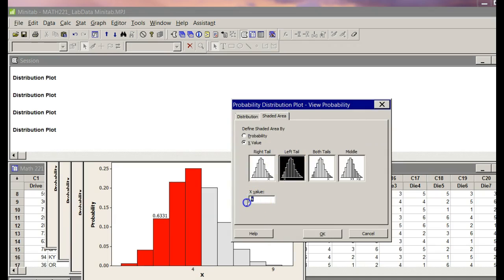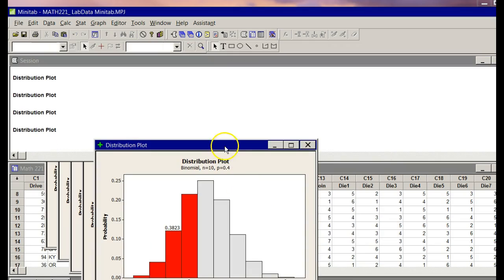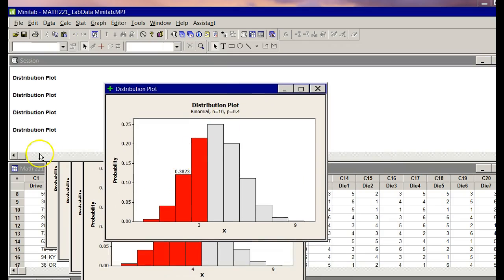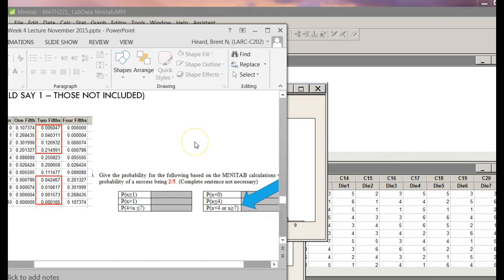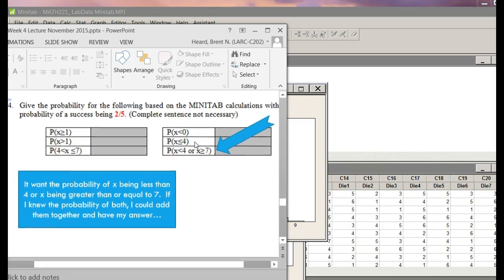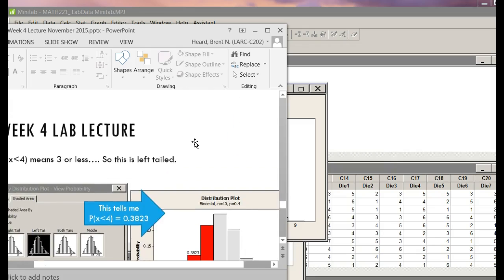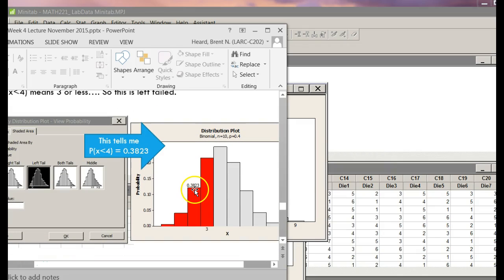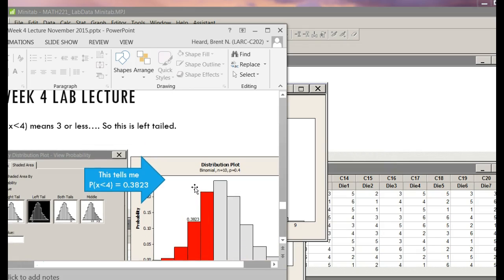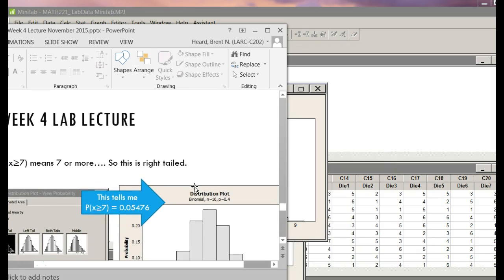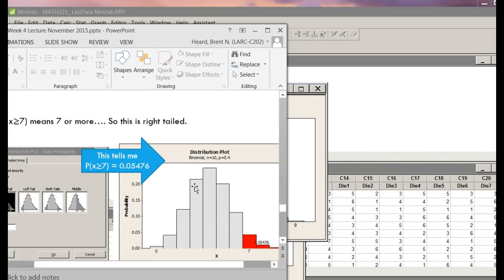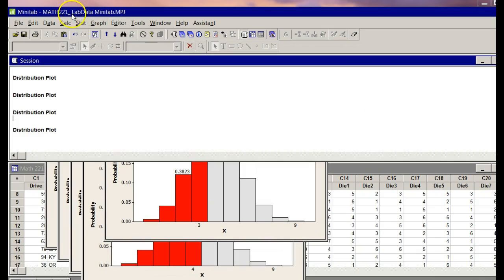Left tail, less than 4 is 3 or less. So I say OK. That is just the left side. So remember 0.3823. I think I have it here on one of my charts. There it is, 0.3823. But I now have to add the probability of it being 7 or more.